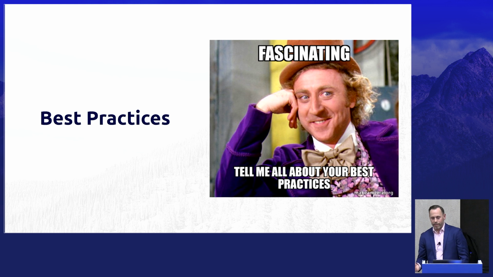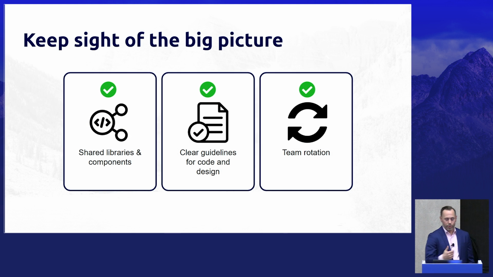So best practices. How do you address all the things that we talked about? The first thing is keeping sight of the big picture. Last year I did a talk here at Appian World, and I talked about how I wasn't a big believer in shared libraries. What I didn't specify, I think, at the time, was that I'm not a big believer in shared libraries at the platform level.